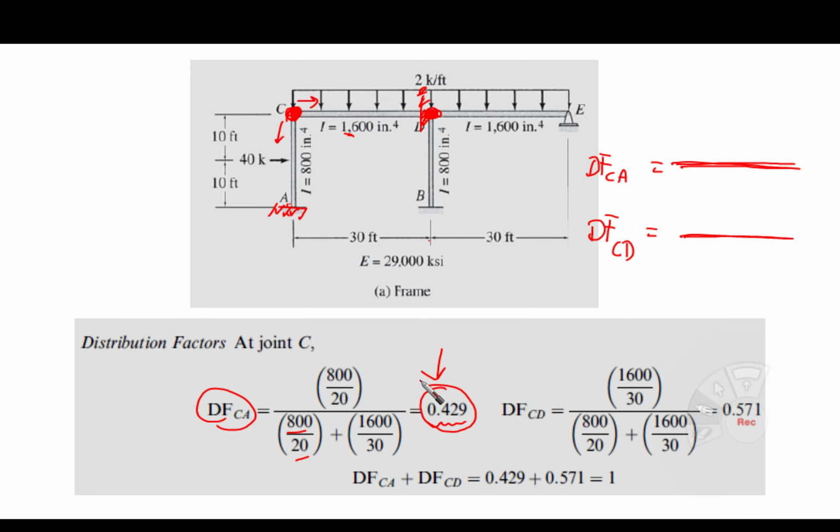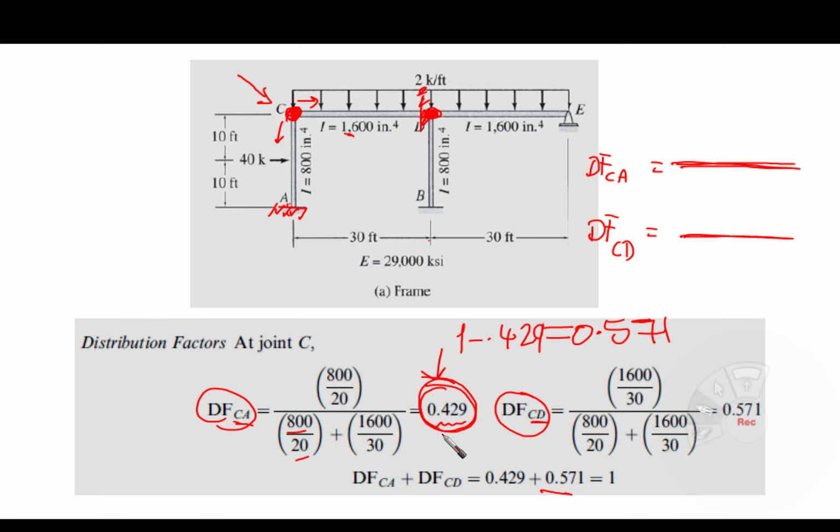This is 0.429. Then we need to calculate the distribution factor here. We have two options. The first one is to calculate it again, as we have done for CA, so we're going to do it for CD. Or we can simply say that if one of them is 0.429, then the second is going to be 1 minus 0.429, which is 0.571. This is because, as you know, the summation of the distribution factors at any point should equal 1, unity.